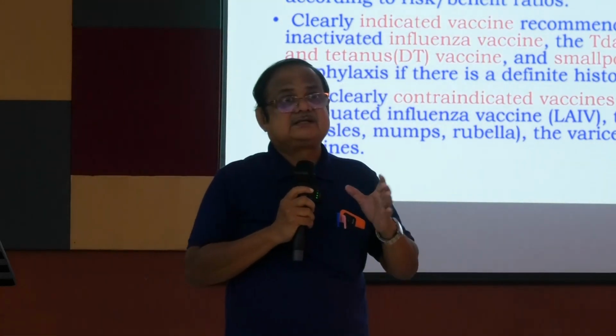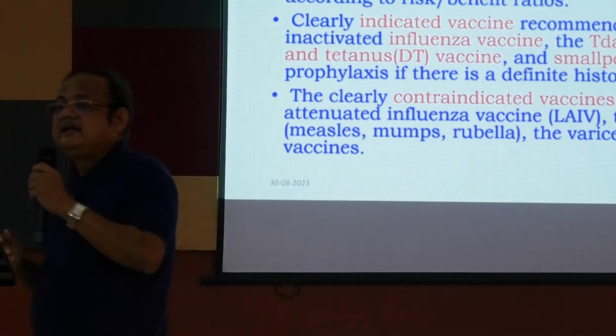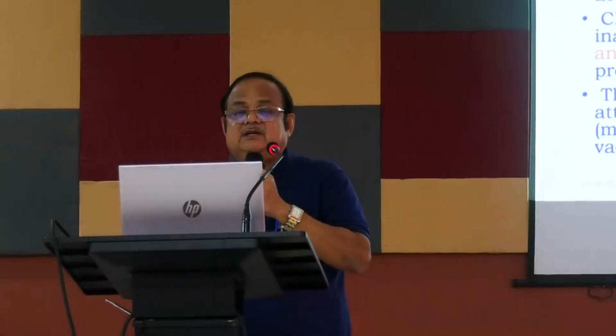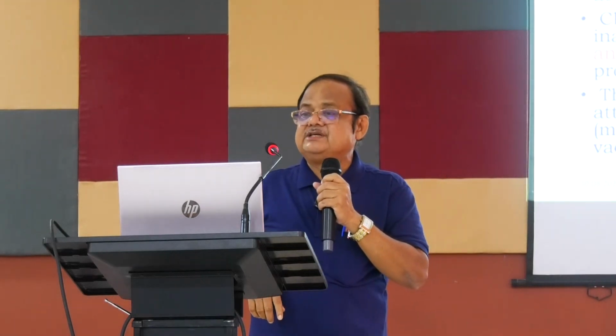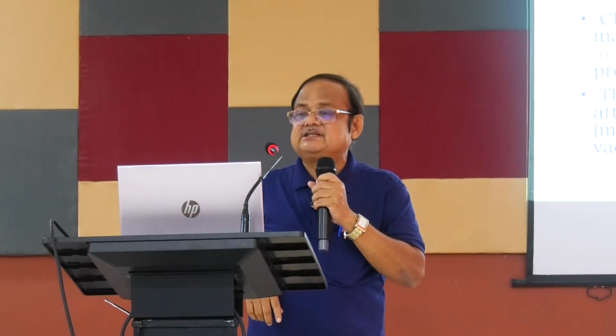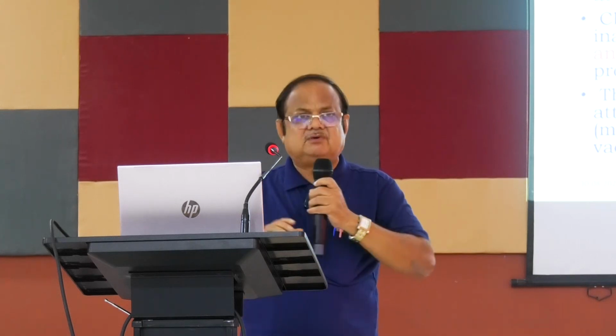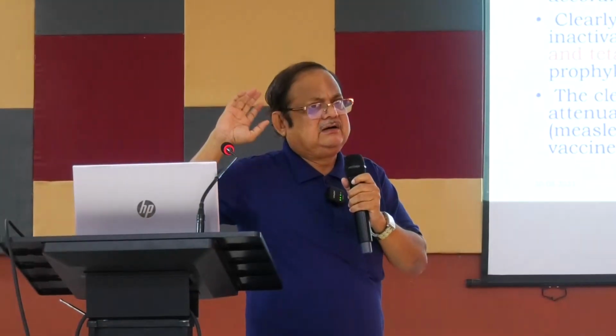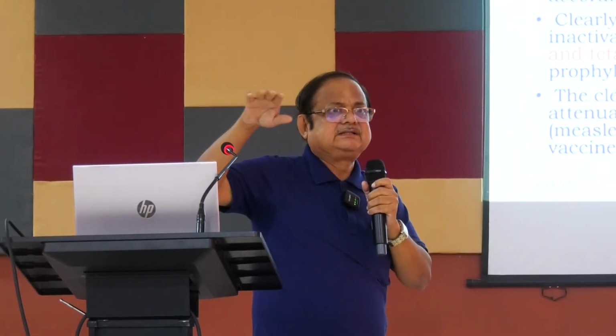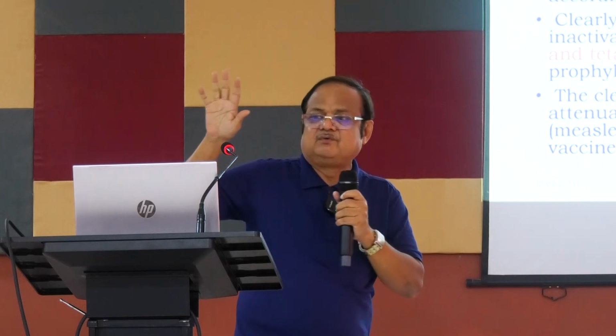What are the different vaccines you will give? Clearly indicated vaccine recommendations include the influenza vaccine, the Tdap (pertussis, diphtheria and tetanus) vaccines, and smallpox. Smallpox usually doesn't occur, it was eradicated long back, but some sporadic cases have been reported.